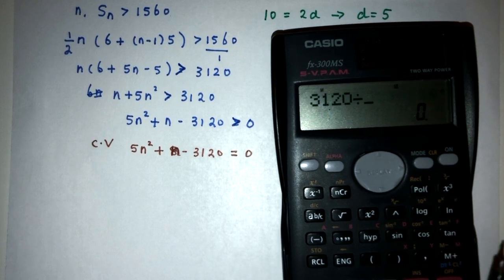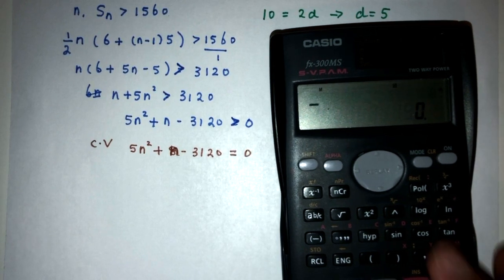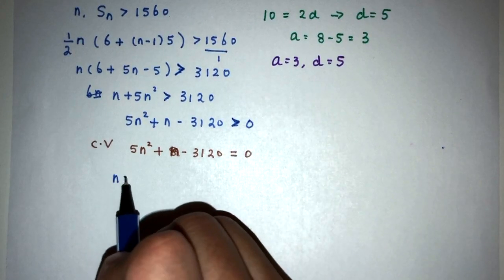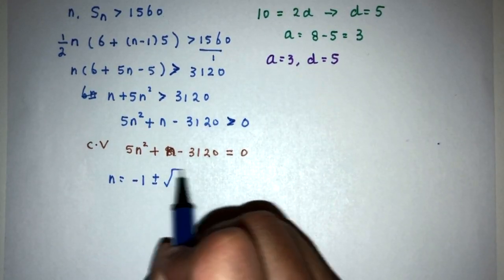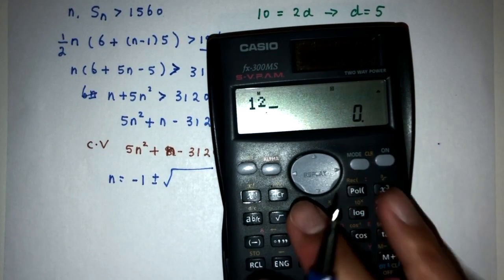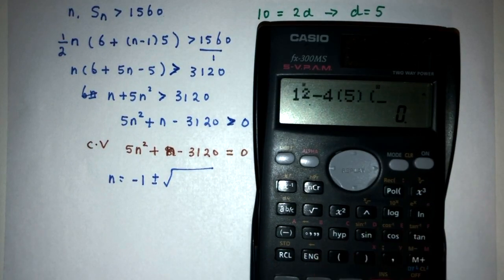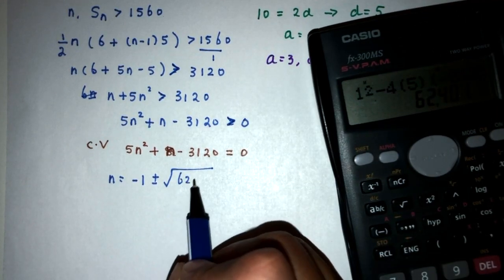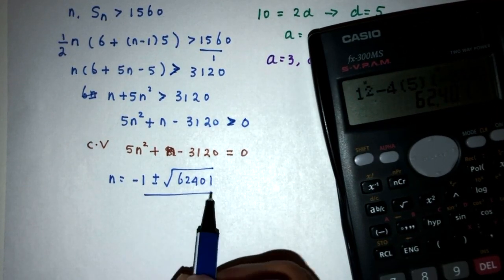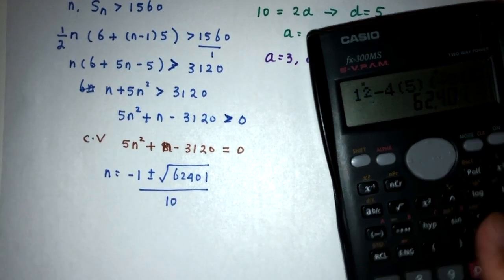Let me see what can we know. Not good enough. Let's see what can we do. So n has to be what? Minus b, that should be minus 1 plus minus root of b squared, so 1 squared minus 4 times a times c. That will be this, 62401, divided by the value of 10.